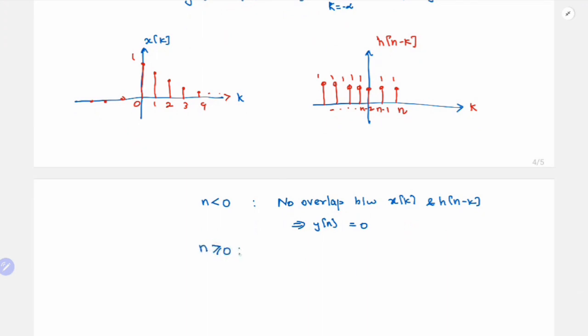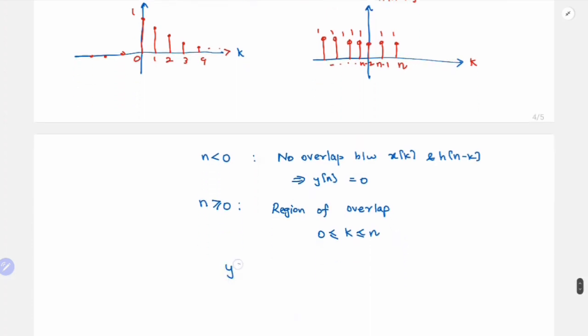So until what is the region of overlap? Of course, for k less than 0, it is going to be 0. So your k is greater than or equal to 0 and less than or equal to n, right? Again, at 0 also there is overlap.